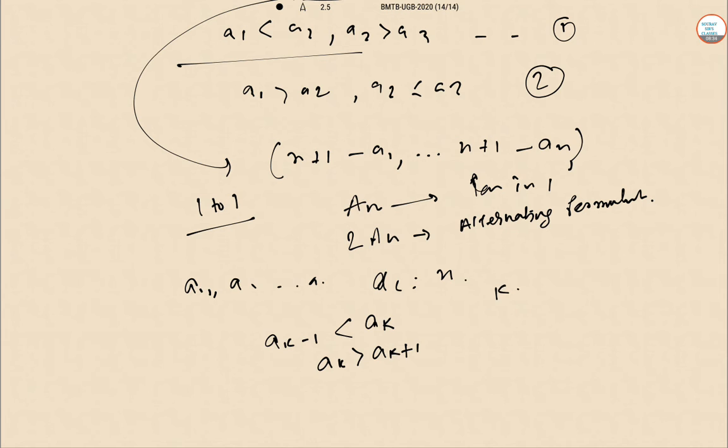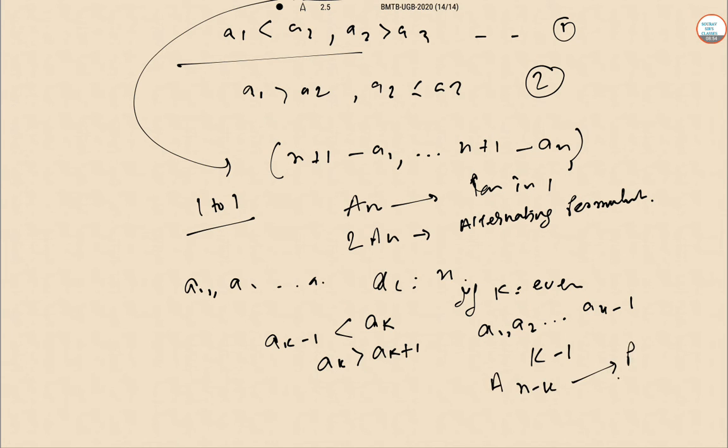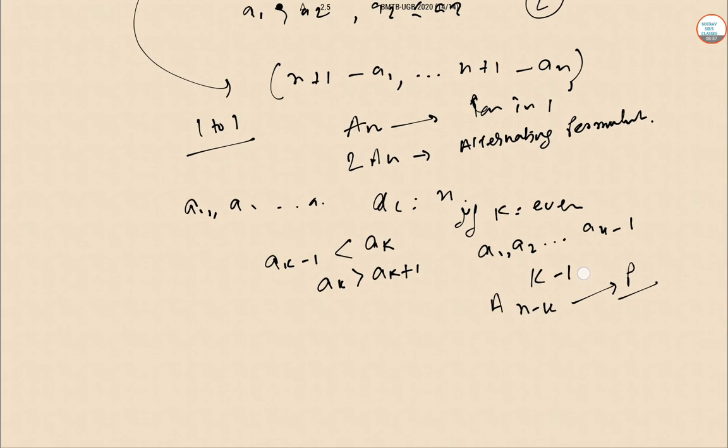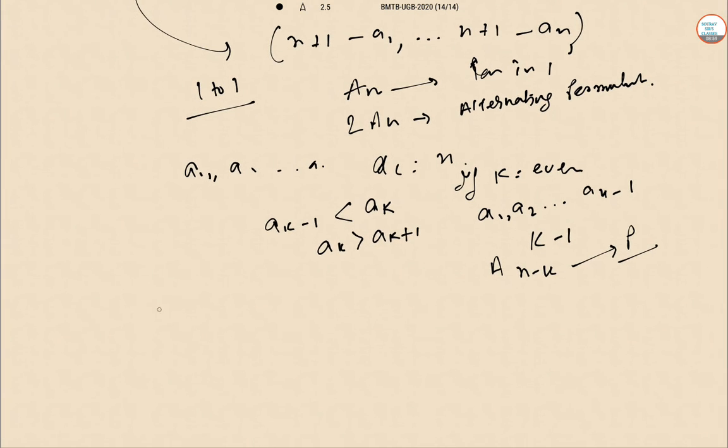Now as given, if k is even, then obviously a1, a2, dot dot dot ak minus 1 will have k minus 1 numbers, therefore a of k minus 1 different permutations. On the other side, ak plus 1 dot dot dot an will have n minus k, so a of n minus k in this case is the second set of permutations.